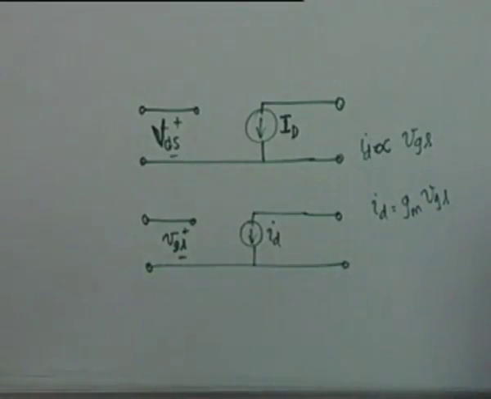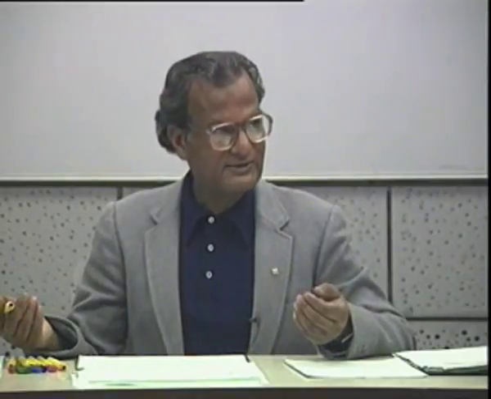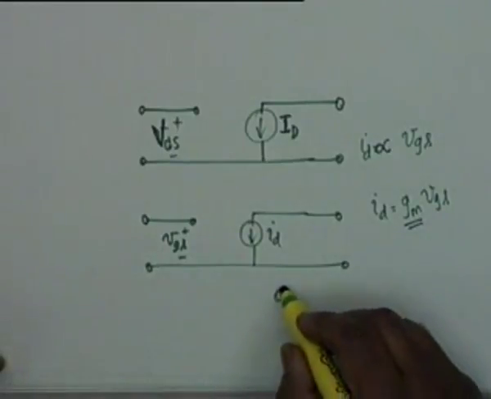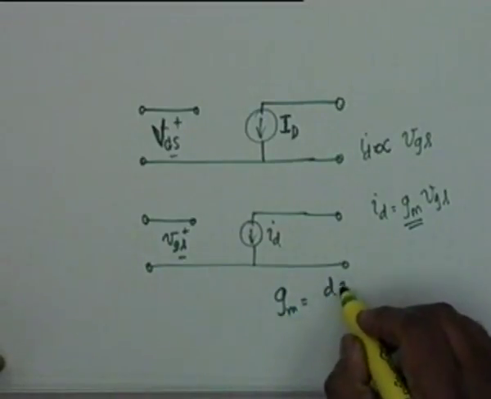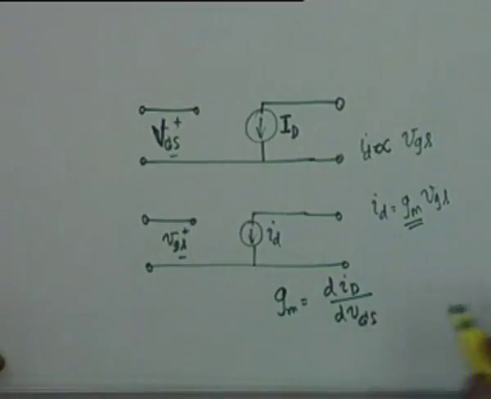G is for conductance. Why the subscript M? M is for mutual. That is, the current and the voltage do not occur at the same point. It is not a self admittance, it is a transfer admittance, and therefore it is called a transconductance. gm is by definition dID by dVGS at the Q point.